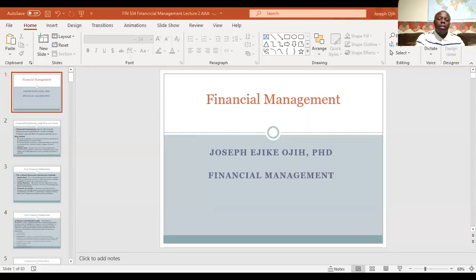Now, I started by explaining how to check the vital signs of a company using the financial statements. So last time we did how to calculate cash flows and other performance evaluations.